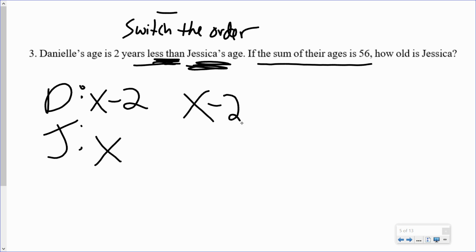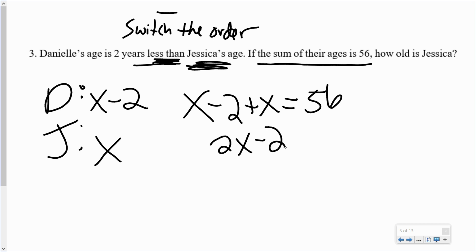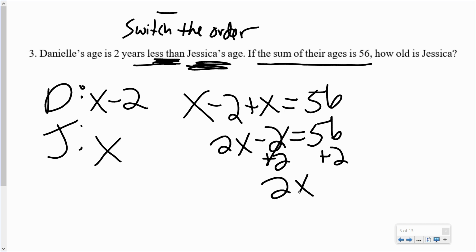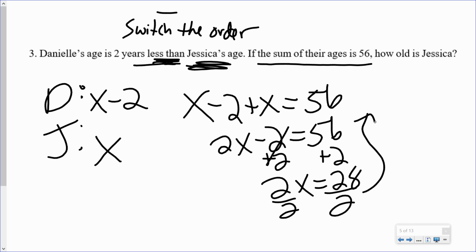Danielle's age plus Jessica's age must equal 56. I do the algebra, I combine like terms, I isolate, oops, 58.